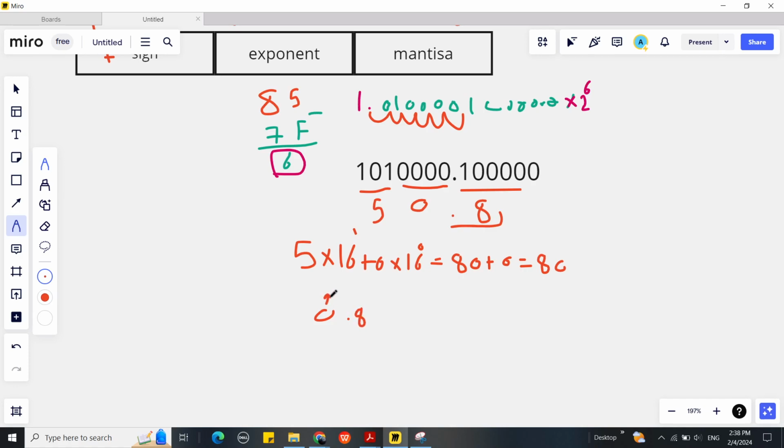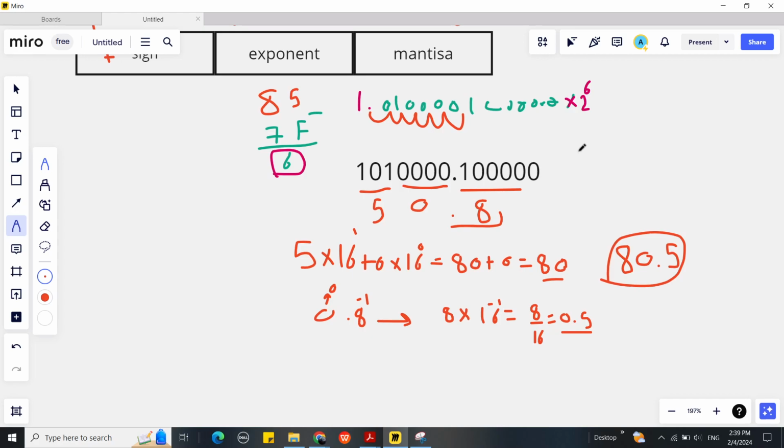So this is index number 0, and this is index number -1. So basically this is going to be 8 times 16 power -1, which is 8 over 16, which is equal to 0.5, and you take this 0.5 and put it up here, right? So it's going to be 80 point, okay, and then I have the decimal as 0.5 and the full number is 80, so it becomes 80.5.